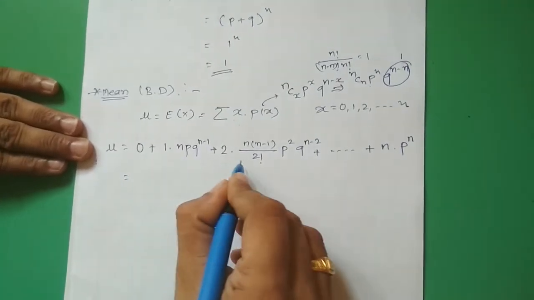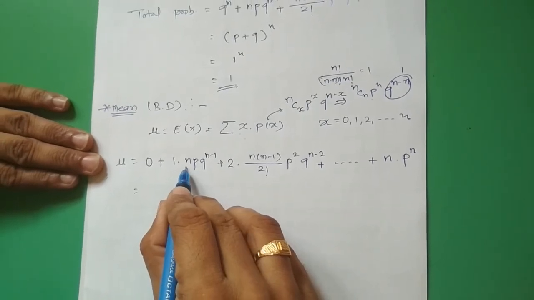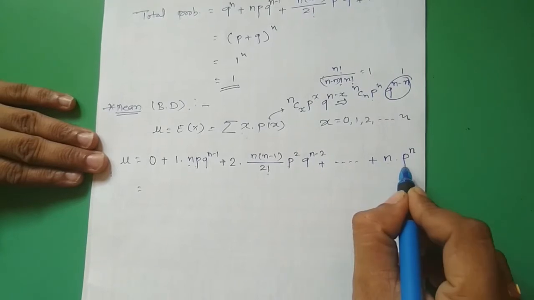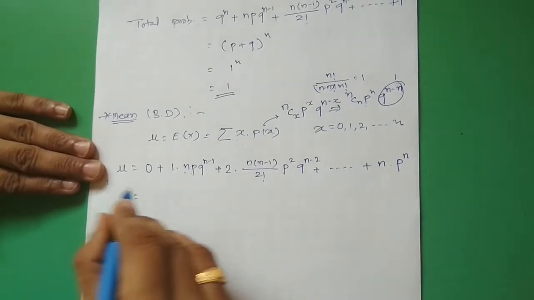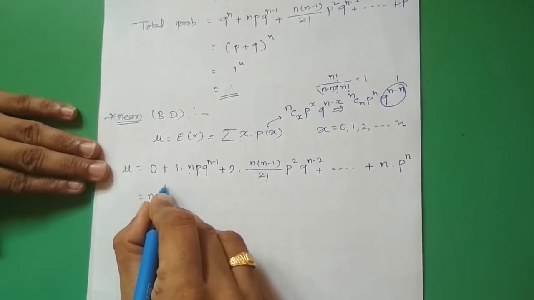In each and every term you can find the common term np. Here n is there, p is there, again here n is there, p is there, and again in the last n is there and p is there. So we can take np as a common term, and the remaining things remain in a bracket.